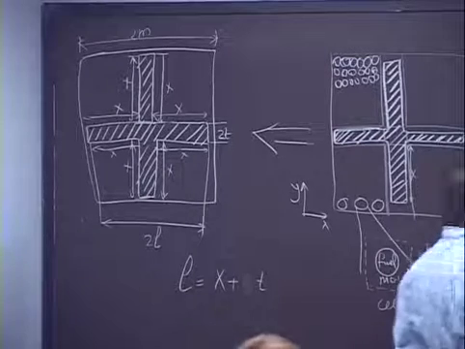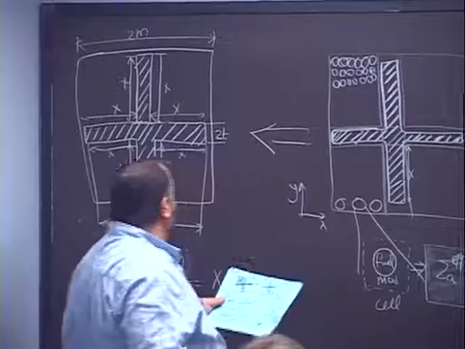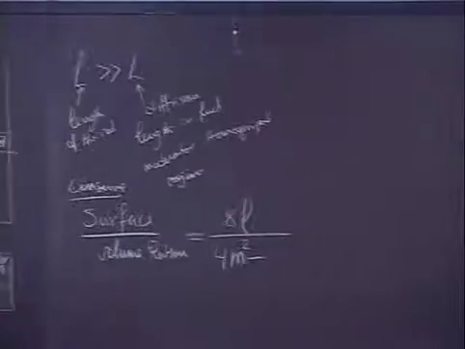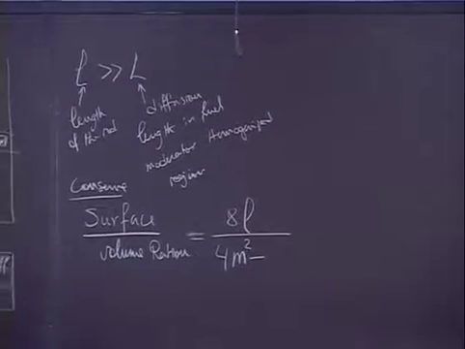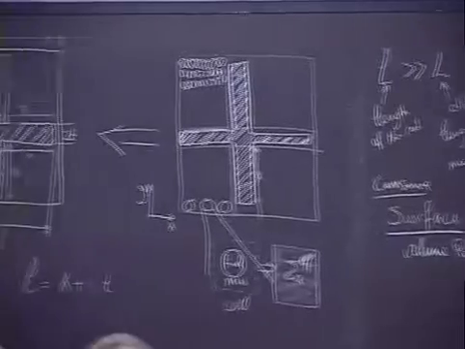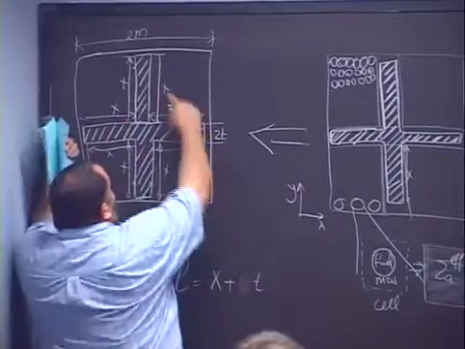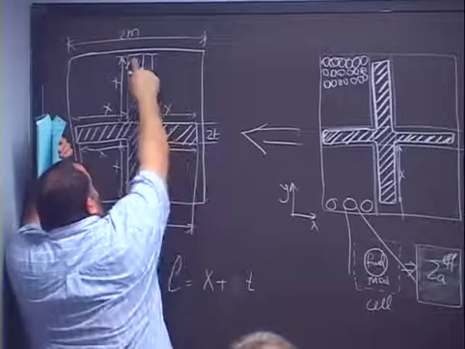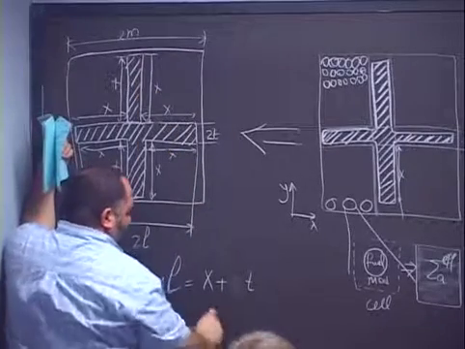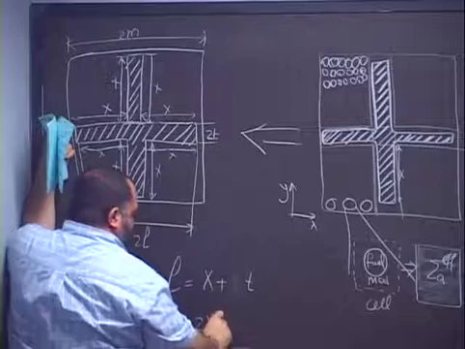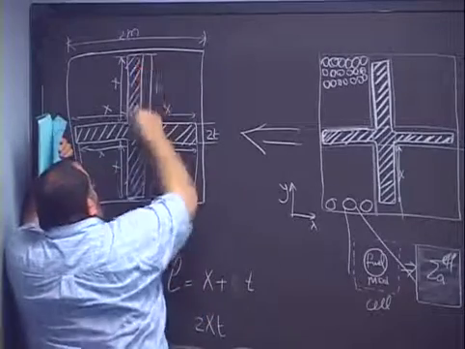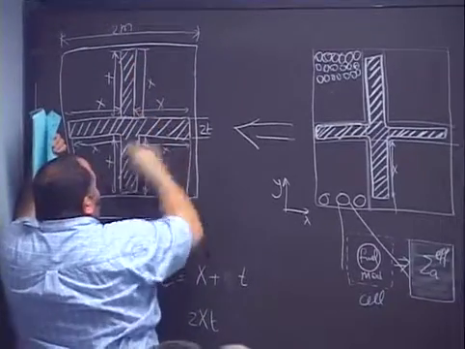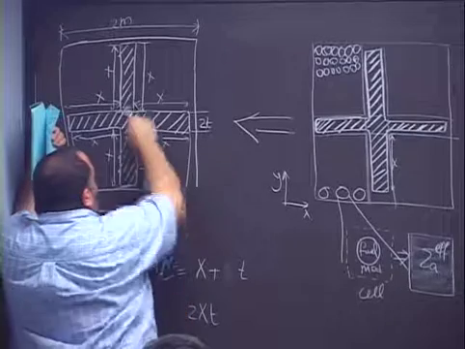I have to subtract from this the volume of this. What's the volume of this? The volume of this is this by this. This is x by 2t. Yes? So this is x by 2t times 4, 1, 2, 3, 4.